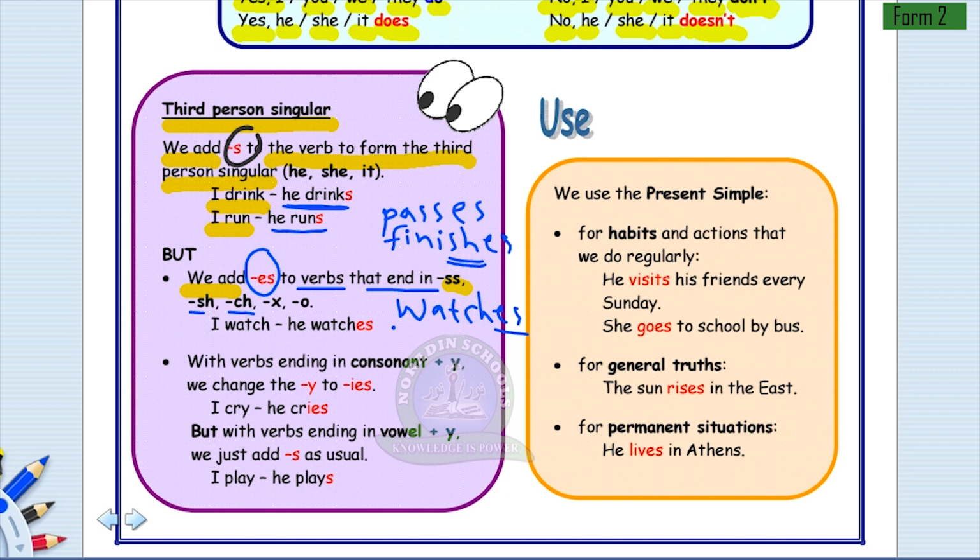We added es because it ends in ch, so as a rule we are using es. Also, if the verb ends in x, we are required to add es.